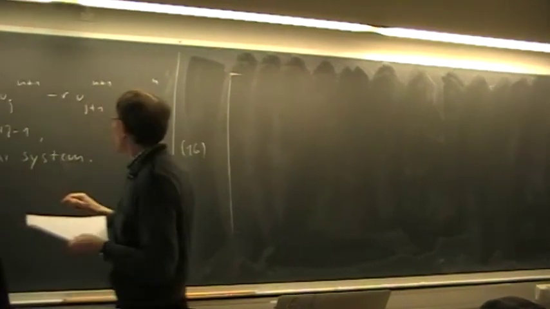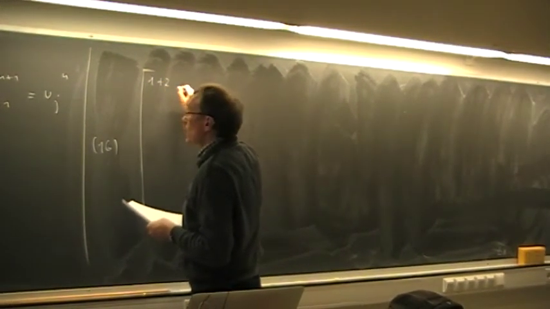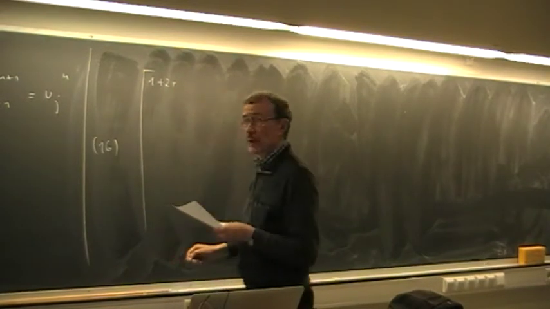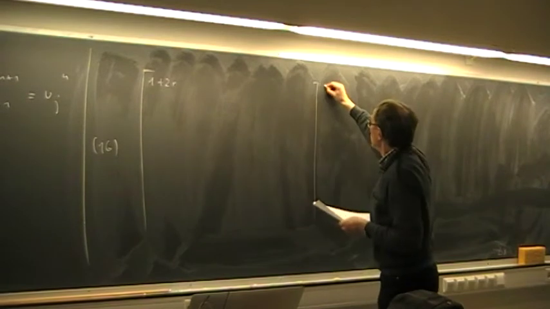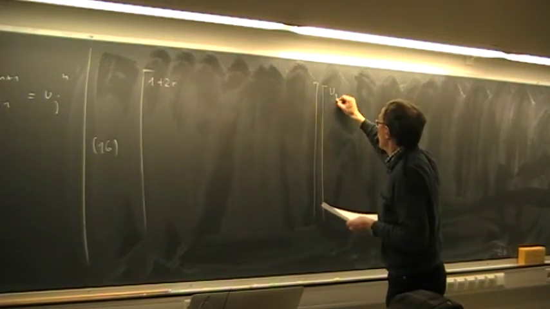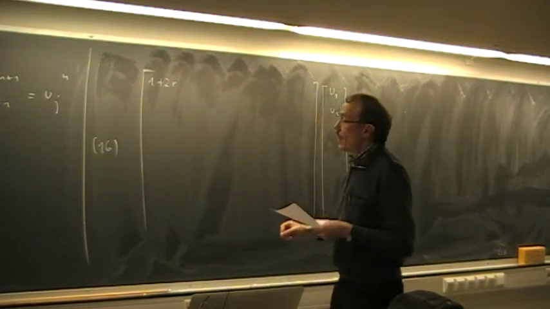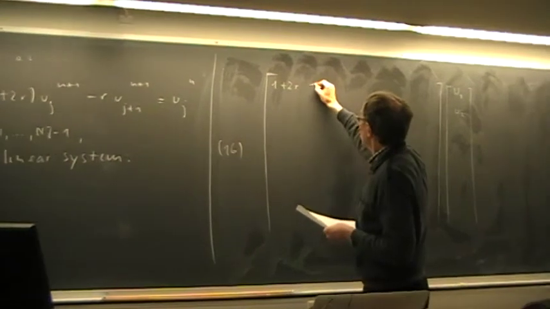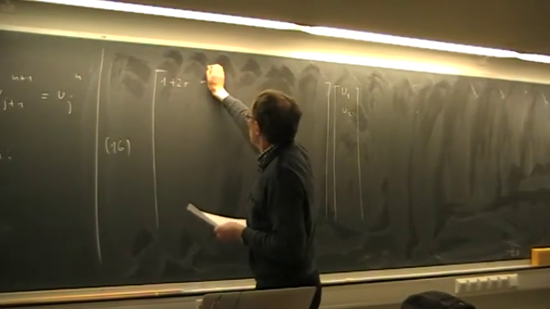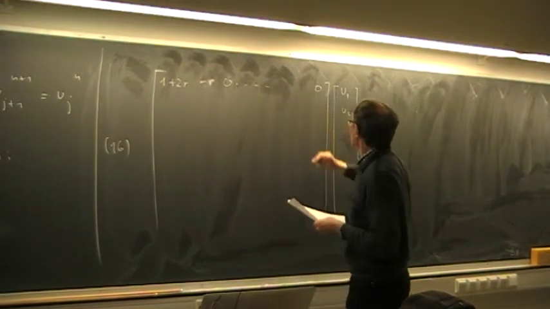We start here with u1, so the first entry in the matrix will be 1 plus 2r, multiplying u1. Then we write the u2, which gets the minus r. On the right-hand side, we then just have a bunch of zeros.